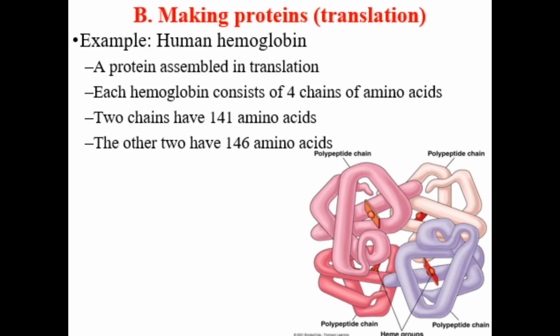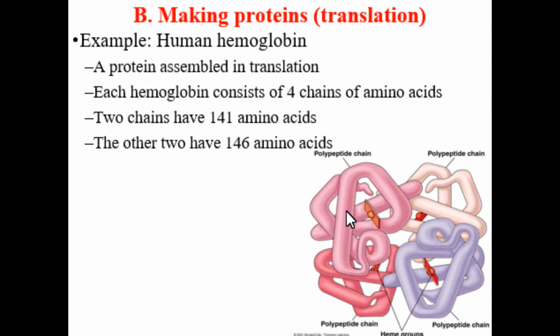Here's an example. Hemoglobin. Everybody knows about hemoglobin. So hemoglobin has 4 polypeptide chains, or 4 proteins, basically. There's a gene in our DNA that has information to make messenger RNA that can be used to assemble a chain of amino acids that makes up this light pink polypeptide chain.